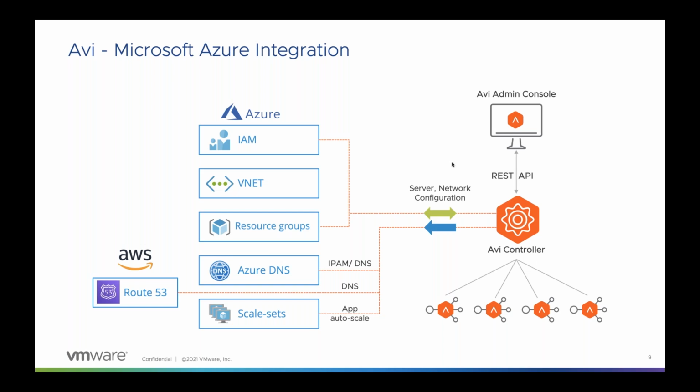In addition, we integrate with various DNS providers in case of public cloud, with Azure DNS, as well as with AWS Route 53 or a custom DNS as well. This is so that you can provide the FQDN as well as the public IP to the DNS provider, and that gets hosted on the Avi virtual service.